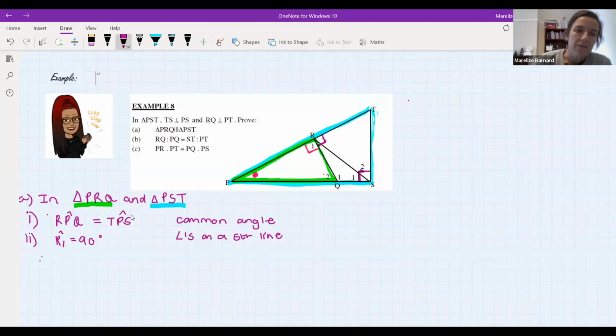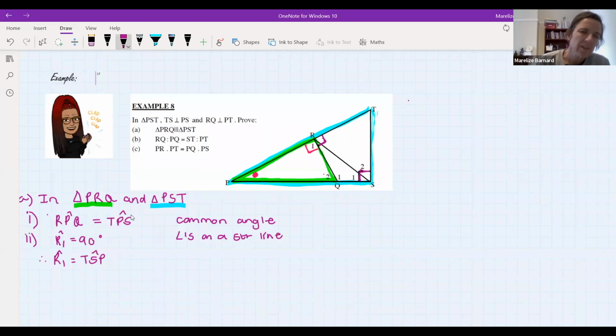And therefore, now that you've established that R1 is 90, you can say R1 is equal to TSP. And you don't have to give a reason, because anyone can see that that is 90 degrees and that's 90 degrees.